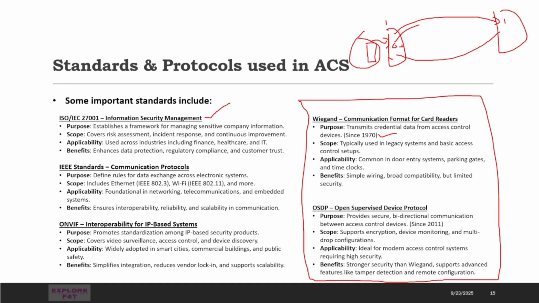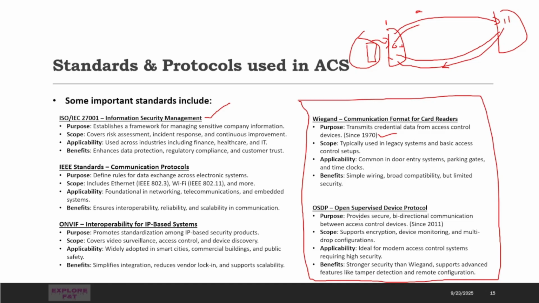But in OSDP, if you enter one, it will be encrypted into something else. Again the controller will decrypt it, and then send data to the reader in an encrypted way, and then it will decrypt, and then give access to that card reader. So Wiegand is commonly applicable only in door entry systems, parking gates, and time locks. Simple wiring, broad compatibility, but limited security. Security is very low in Wiegand.